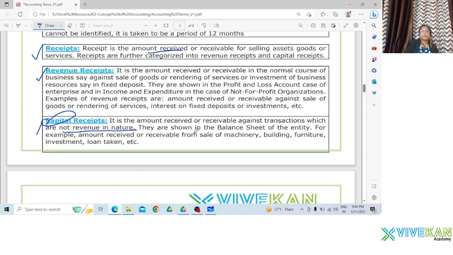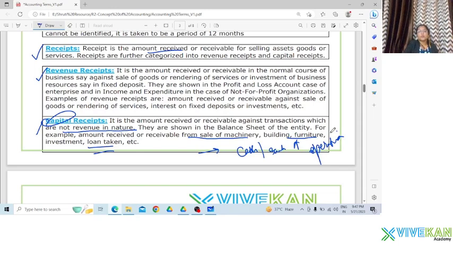For example, you sell machinery, you sell furniture. If you have taken any loan, is it related to revenue? Is it due to sale of business that you're getting a loan? No, I'm getting some money in the bank. My bank or cash balance is increasing, but it's not because of my operations, but because I have taken some loan.